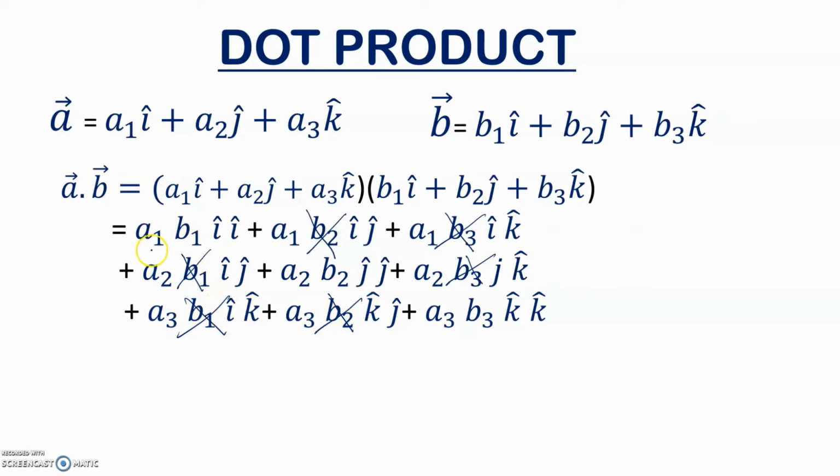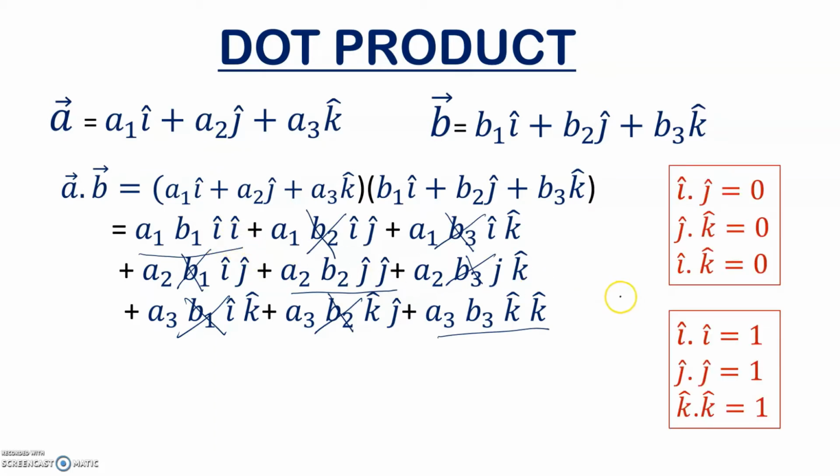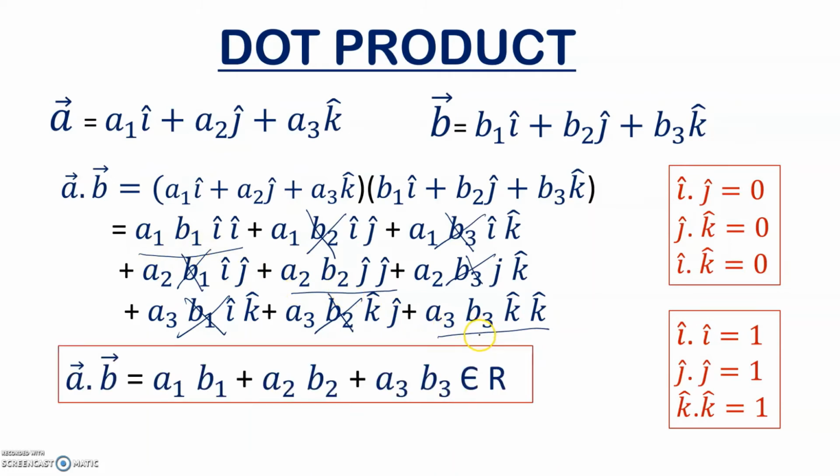So you're left with one term here, one term here, and a third term here. And we know that I cap into I cap is 1, j cap into j cap is 1, and k cap into k cap is 1. So your answer will be A1 B1 plus A2 B2 plus A3 B3.